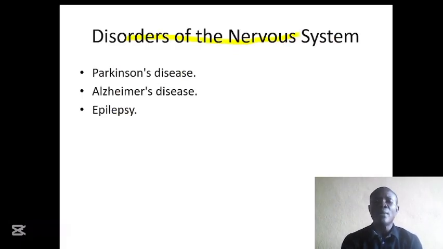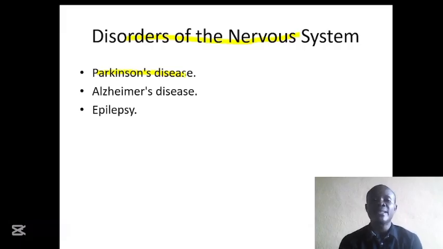When we talk about disorders of the nervous system, we are talking about diseases or things that will affect the nervous system for it not to function properly. Number one, we have Parkinson's disease. Parkinson's disease is characterized by movement disorder caused by loss of dopamine producing neurons in the substantia nigra.